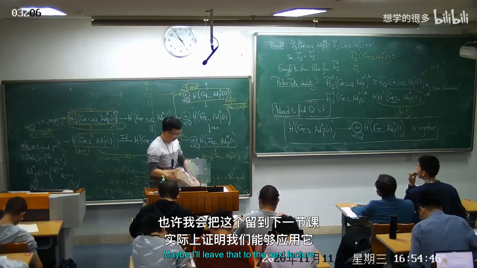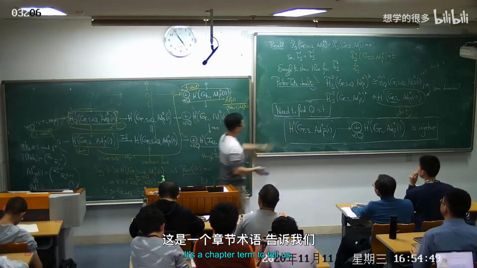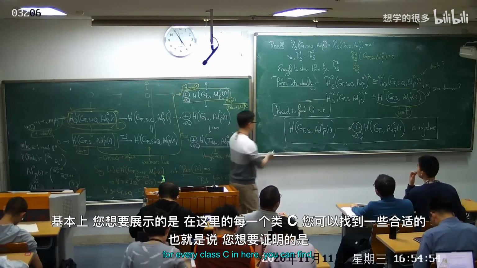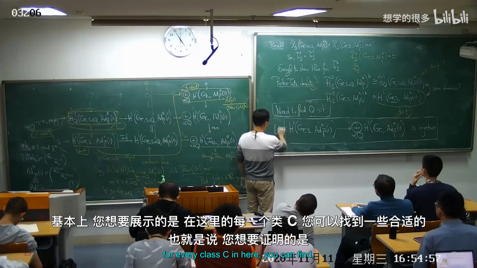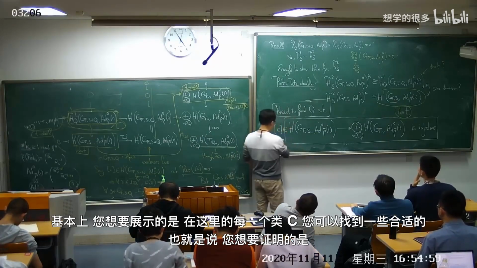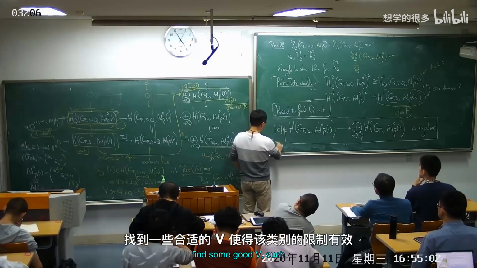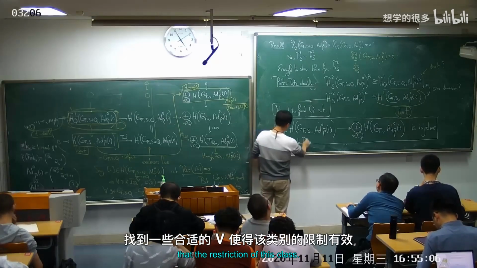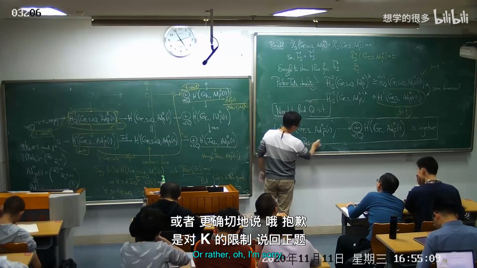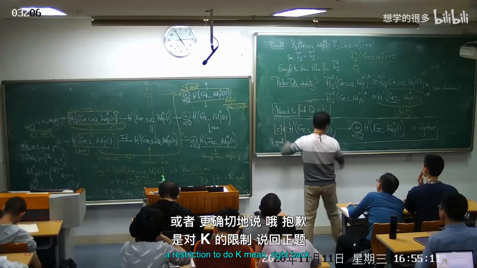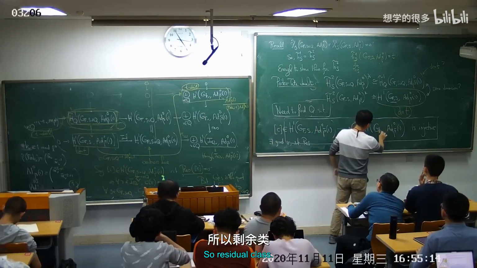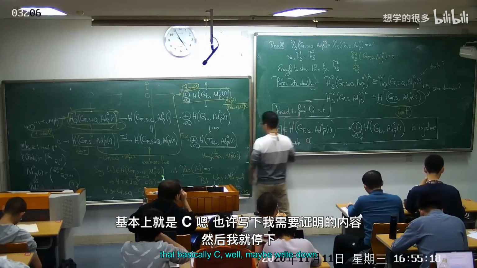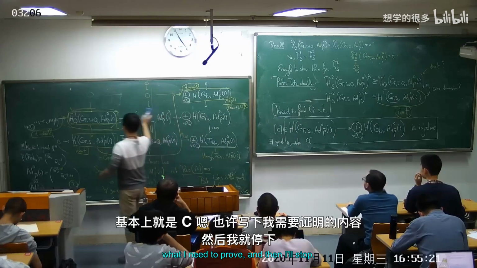Maybe I'll leave that to the next lecture, to actually prove that we can find it. It's a Chebyshev density argument. Essentially, what you want to show is that for every class C in here, you can find some good V such that the restriction to KB, my bad, the residual class... So maybe I'll write down what I need to prove, and then I'll stop.